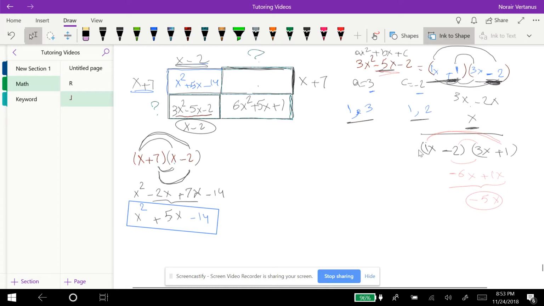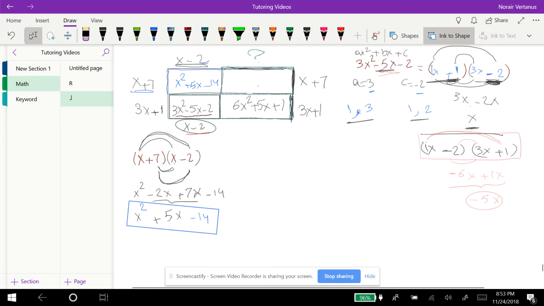Therefore, this is the factor of that quadratic function. Therefore, x minus 2 and 3x plus 1. I already have x minus 2 here. This one is going to be then 3x plus 1. So if that's 3x plus 1, this is also 3x plus 1.